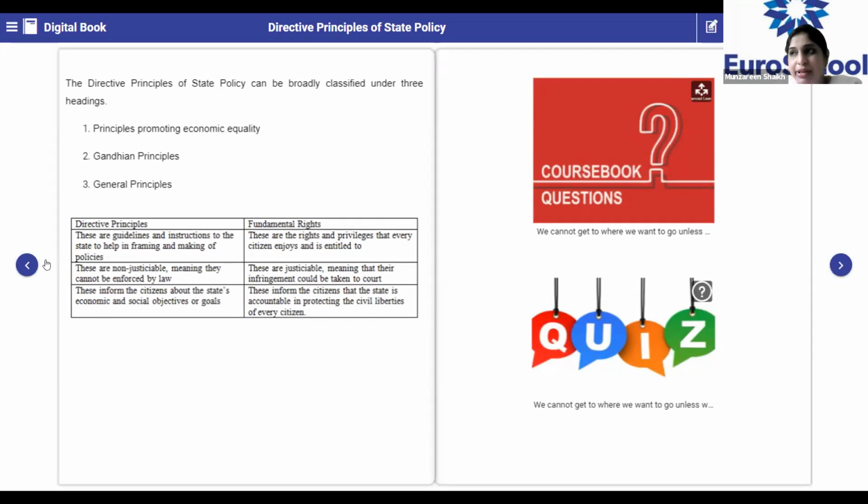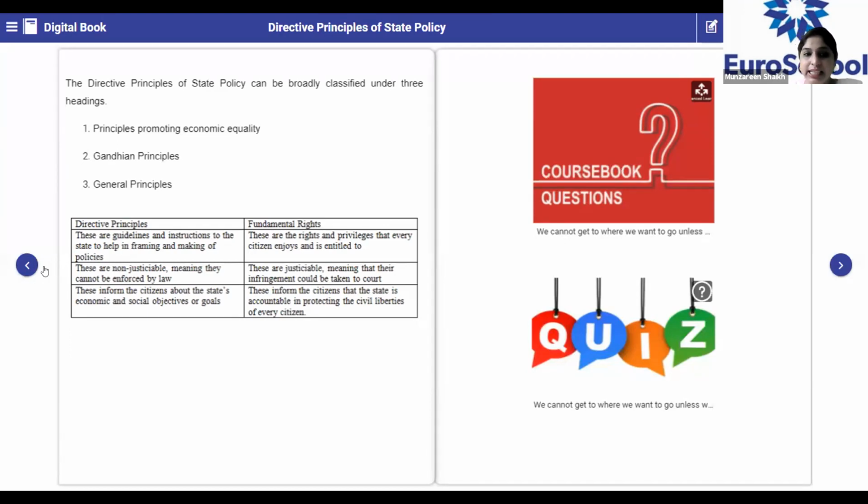For example, if anybody is not following the directive principles, then no one can take action against that person. But in case of fundamental rights, it's completely opposite. These are justiciable. That means their infringement can be taken to the court. For example, if anybody does not get their fundamental right, then they can approach the court.